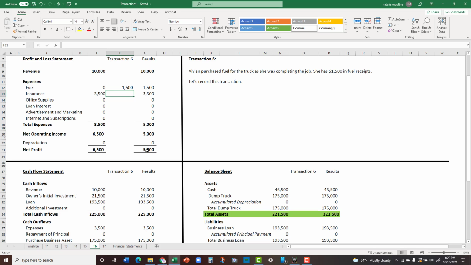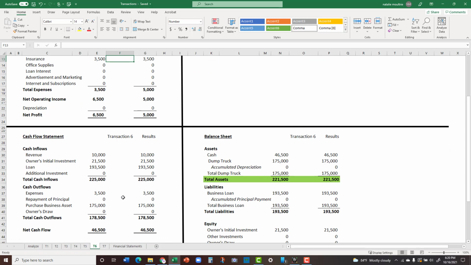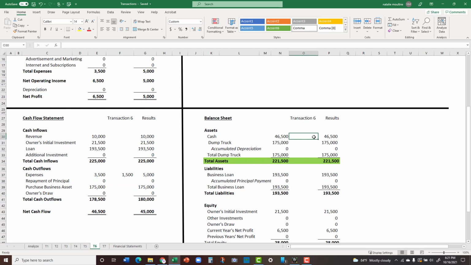We also have an impact on the cash flow statement in the expense section as a cash outflow of $1,500. So that reduced our net cash flow from $46,500 down to $45,000. Now let's see the impact that it has on our balance sheet.